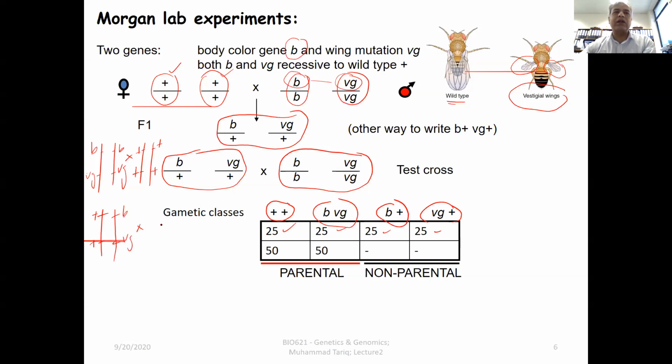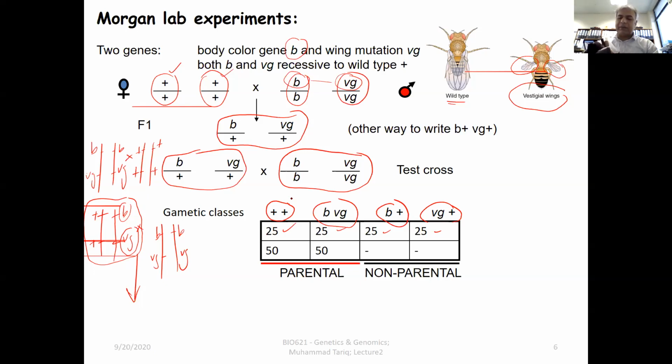You set up a test cross, and the test cross is again homozygous recessive, black vestigial. So we forget about the tester parent, this one. Tester is basically homozygous recessive. We are going to look at the inheritance of the wild type trait as well as the mutant ones through gametogenesis. And what we are going to look at is the gametic combination.